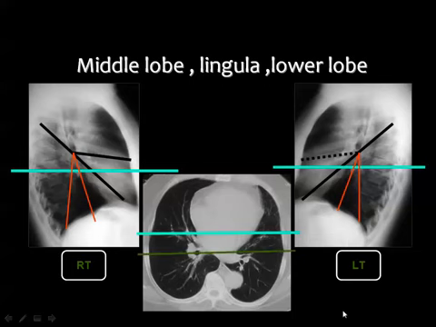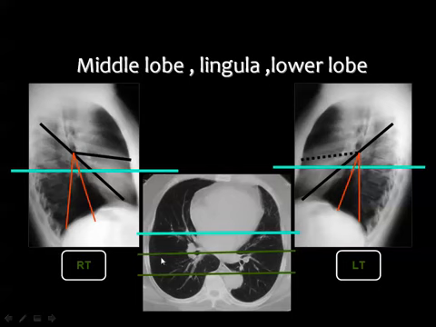Then, if you draw lines like this, remember that you are here in the lower lobe. Then, this area will be the anterior segment. And this area will be the posterior segment. And on the left side, this is the lateral segment.